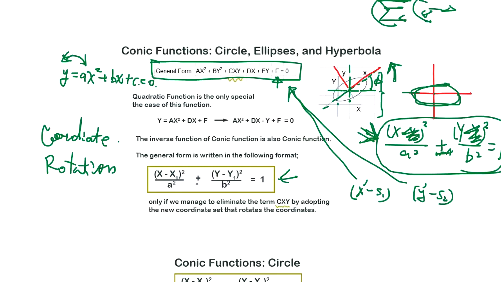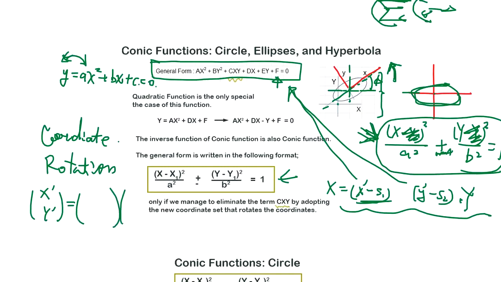So in this case, the new coordinate is going to be this shape. There's a cosine theta, sine theta in this matrix.